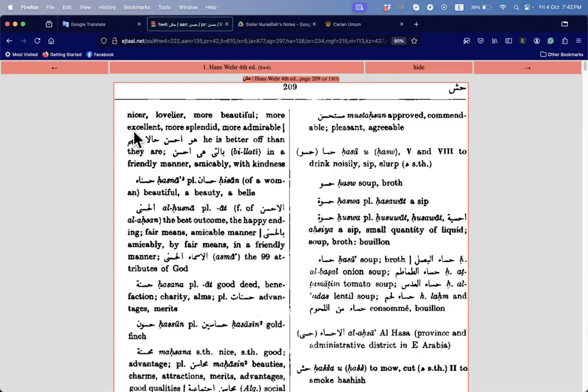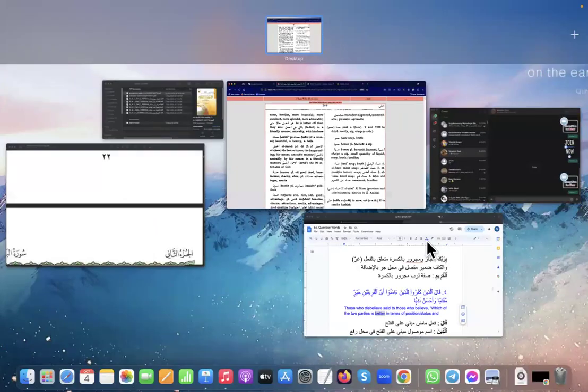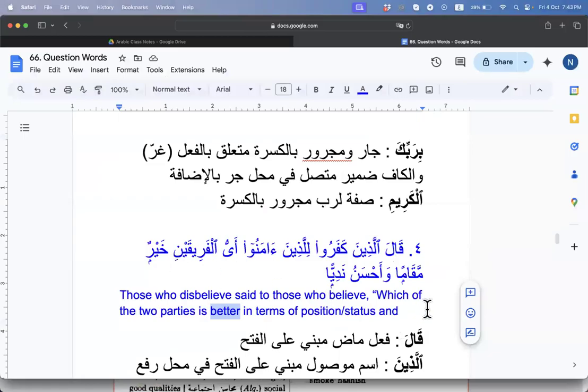Maybe more excellent, more admirable, maybe more noble. Although that's a bit more for karama instead of hasinun. So maybe more excellent or more admirable in terms of nadiyan.